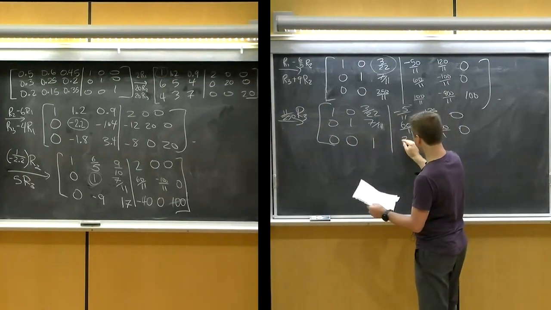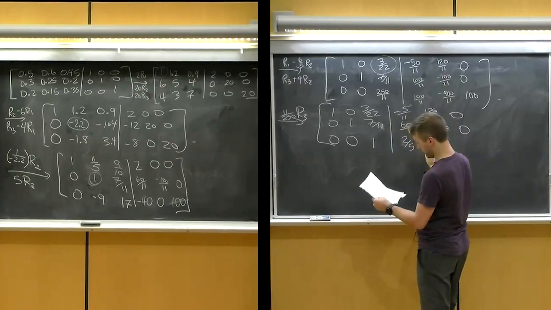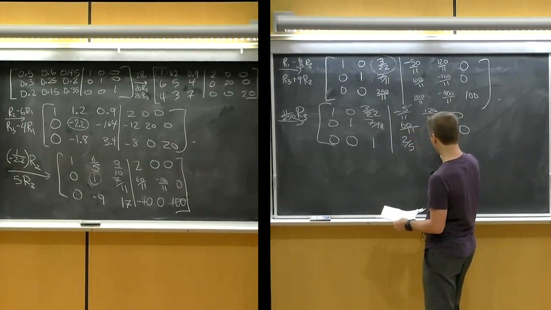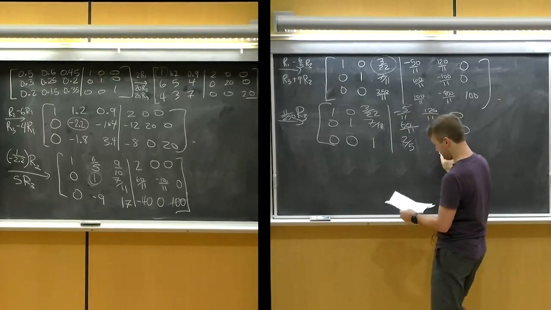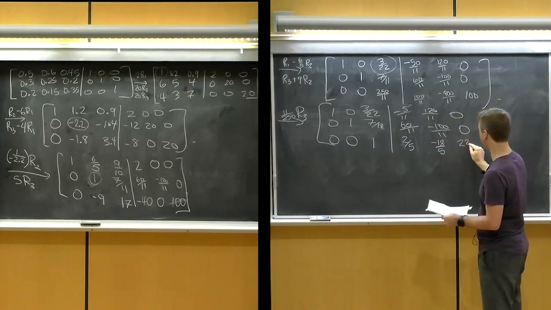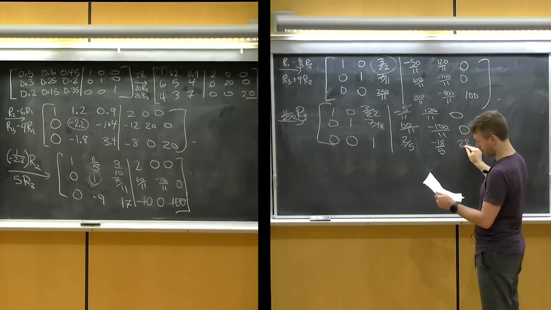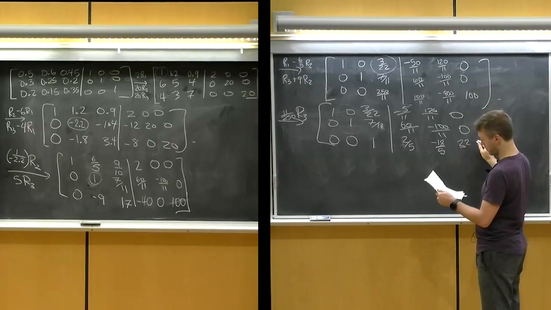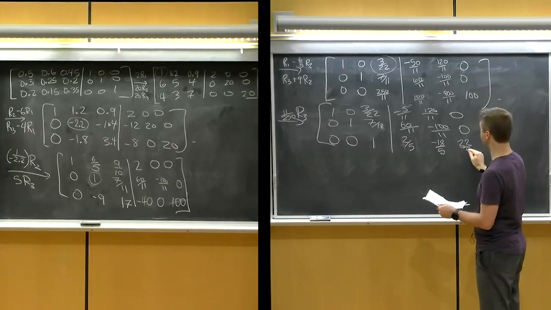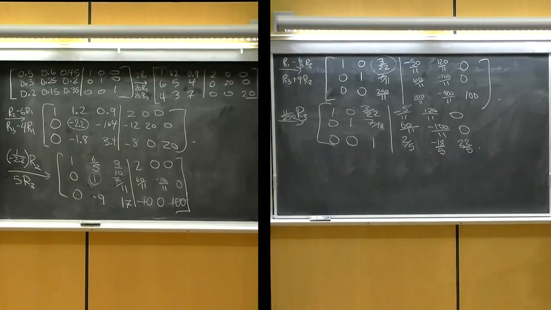Okay, this one becomes 2 over 5. This one becomes negative 18 over 5. This becomes 22 over 5. Is that right? No. Maybe it is. Yeah, that seems right.